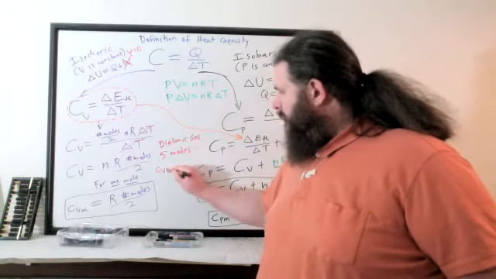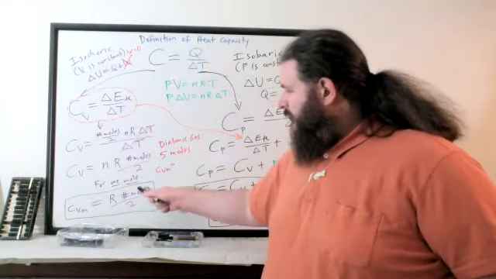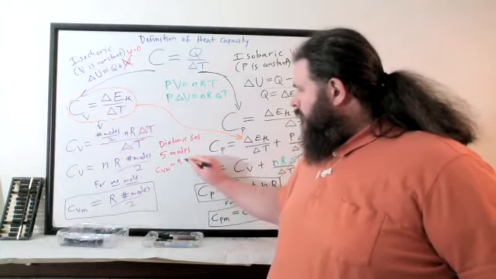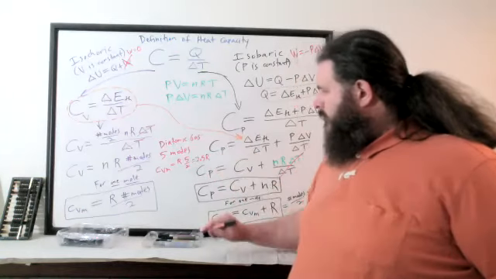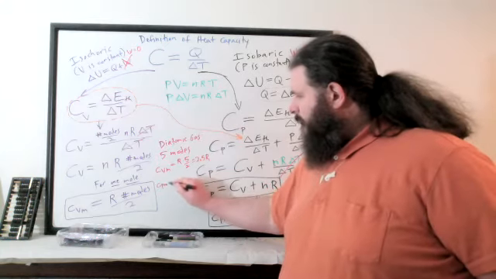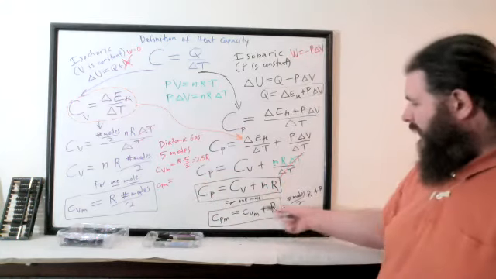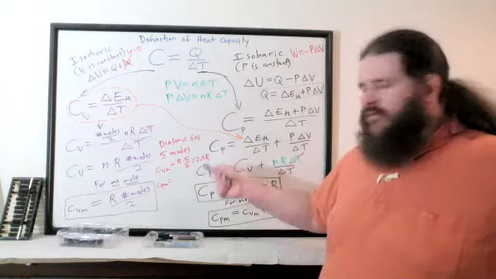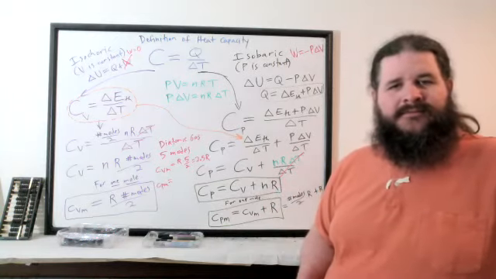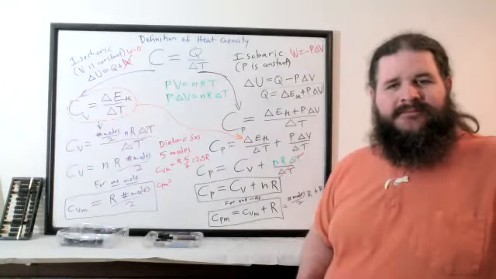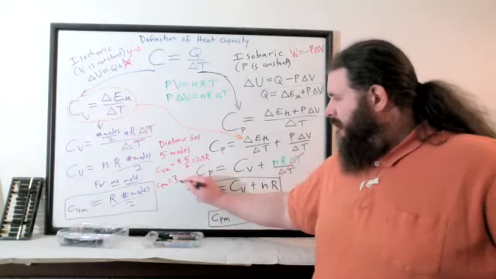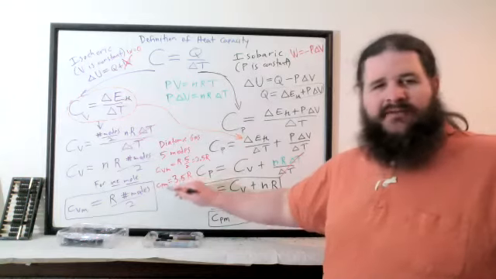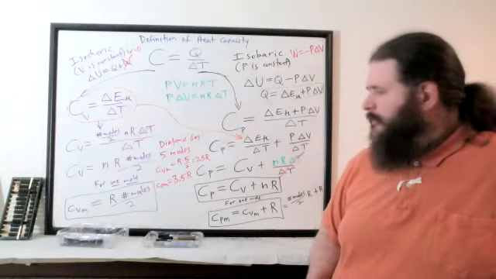So CVM, you can just take R times 5 over 2, or 2.5 R. If we now wanted CPM, we just take that value and add R to it. So what's 2.5 R plus another R? Yeah, we just get 3.5 R. So 3.5 times about 8.31 joules per Kelvin mole.